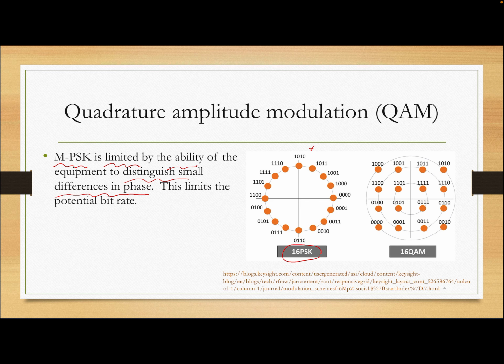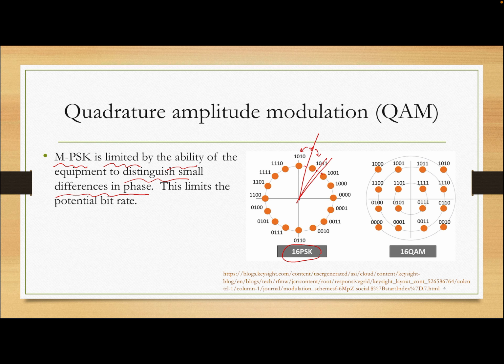The difference is like 1 point something degree. So if you receive something here, you have to know whether it's this or this, and it's difficult to decide. Anyway, the detection is in digital communication, so I will not get into that now.